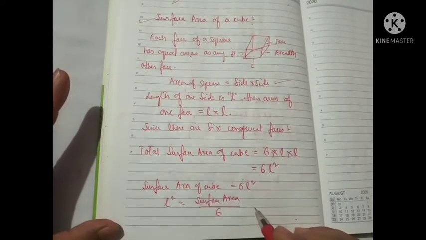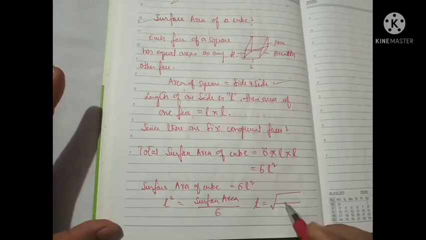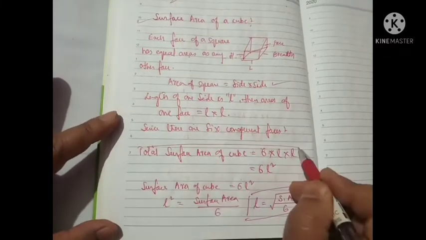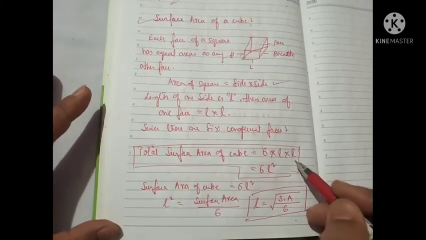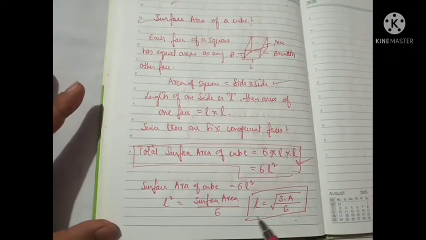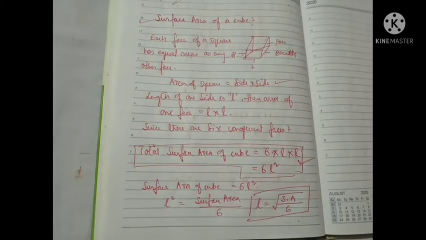Then L equals the square root of surface area, that is SA by 6. This is used when surface area is given. You want to find out the length, then L equals root over surface area divided by 6. These are the two formulas to find out the surface area of cubes.